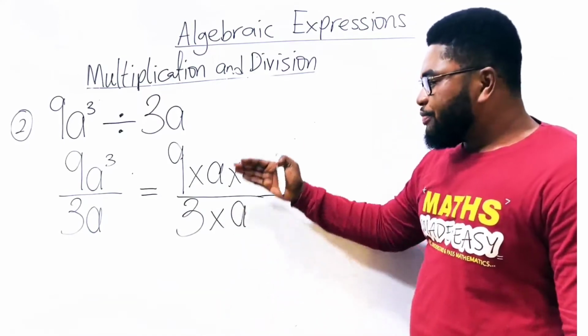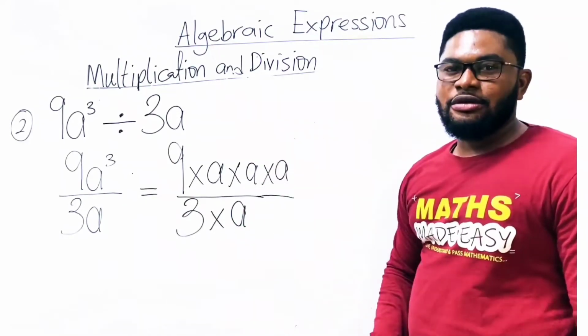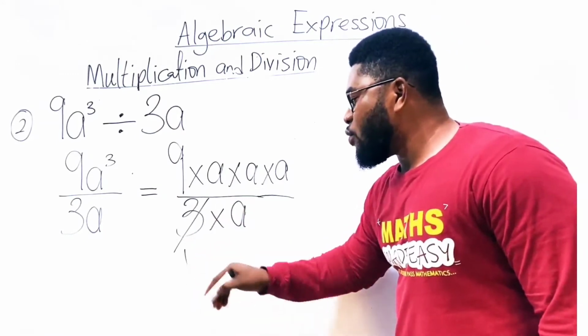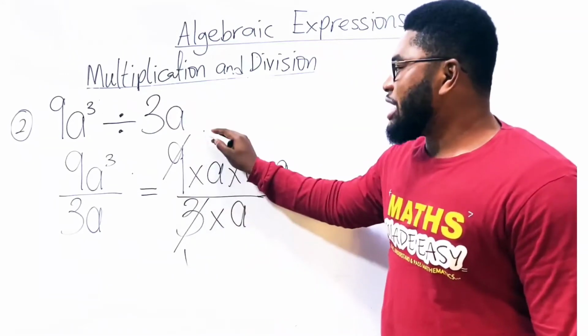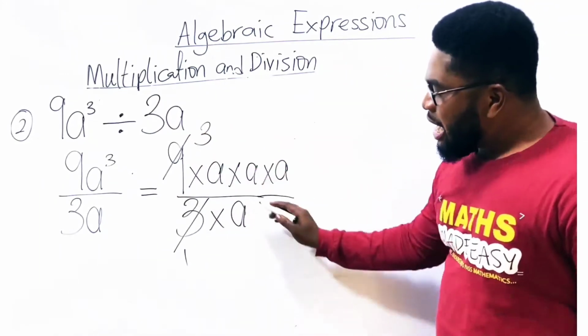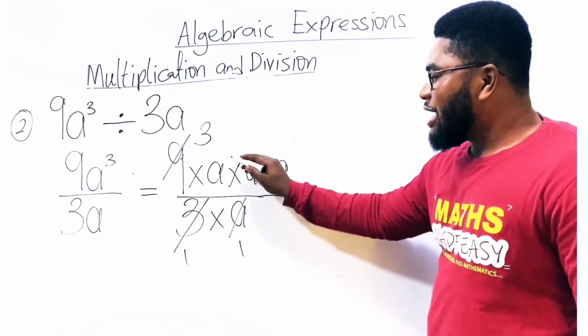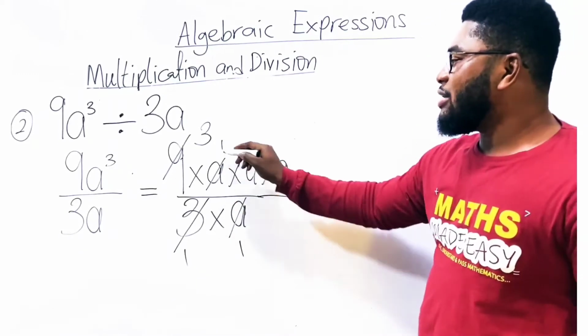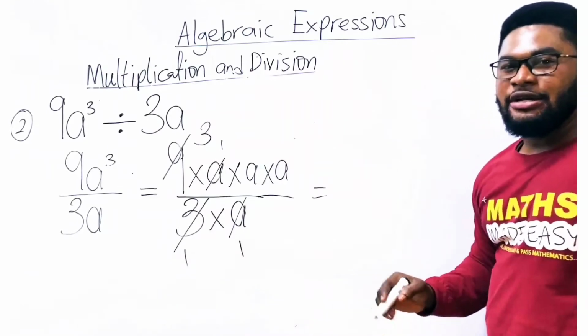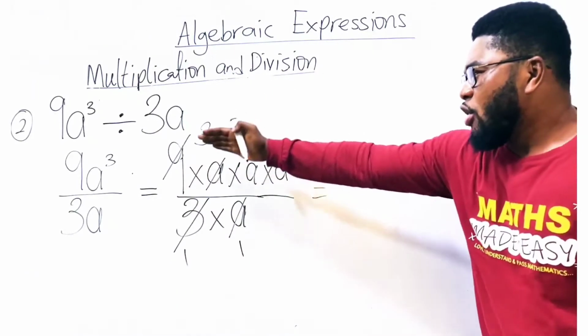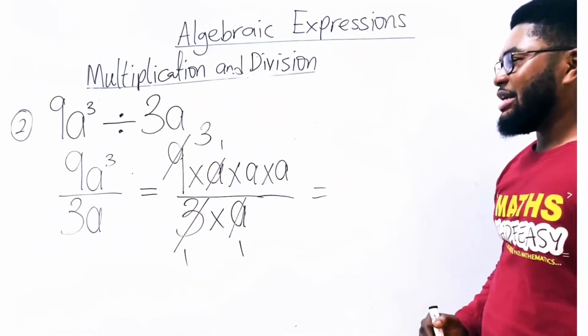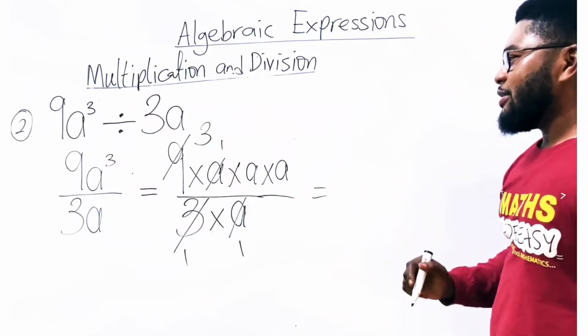Now let's divide or cancel out. 3 goes into itself 1. 3 goes into 9, 3. I have a into itself 1, cancelling one of the a's here, 1. Now let's simplify the term at the numerator with the term at the denominator. Just look at the numerator.